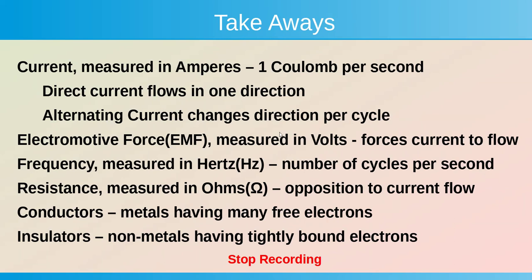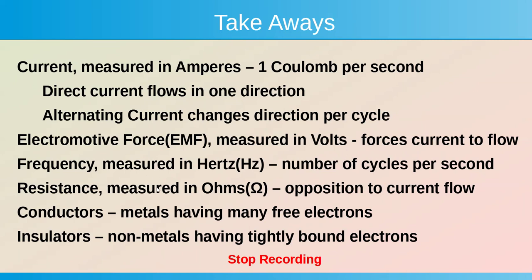The electromotive force or volt we measure in voltage is the force that actually imparts energy to those free electrons. We measure frequency in hertz, capitalized because it's a proper name. It's equivalent to the number of cycles of the waveform per second.